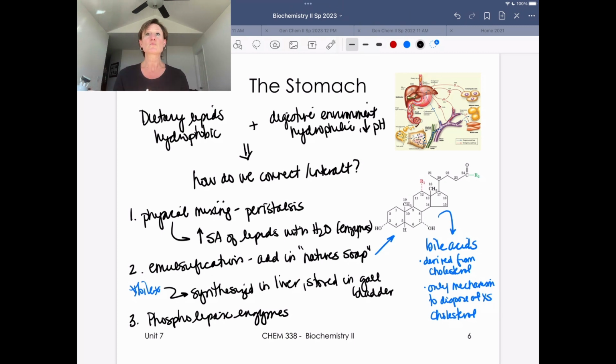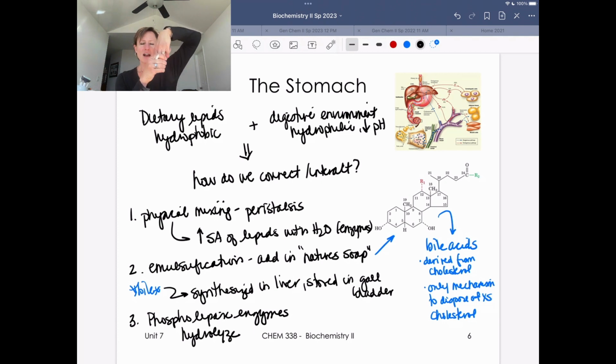So the last little piece to highlight, when we're thinking about digestion, there are phospholipase enzymes that start doing their chemistry in the stomach, okay, and their purpose is to hydrolyze those ester linkages in triglycerides. So we've got our glycerol backbone, we've got our fatty acids.